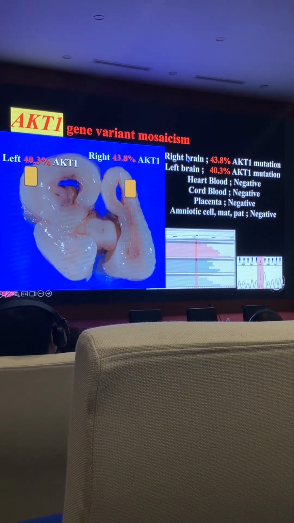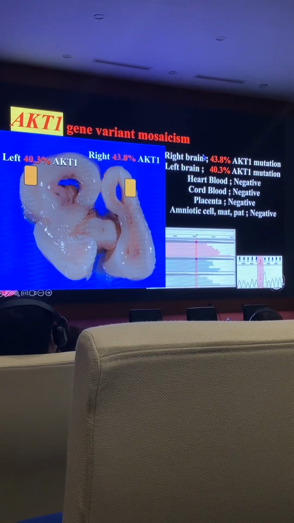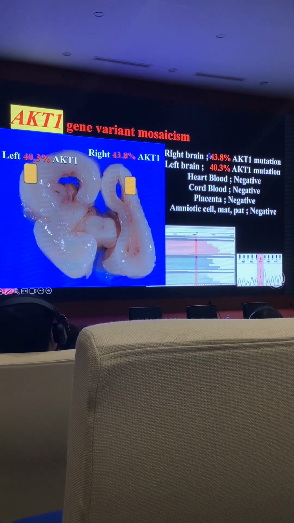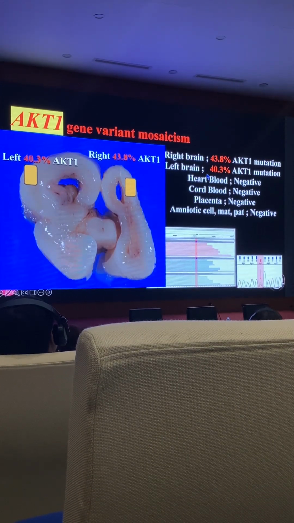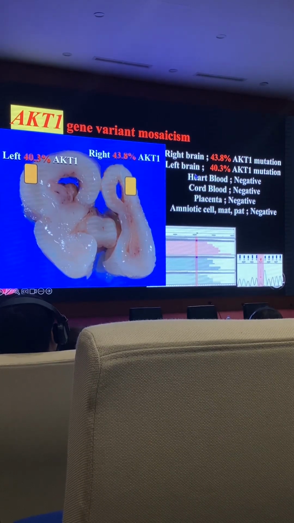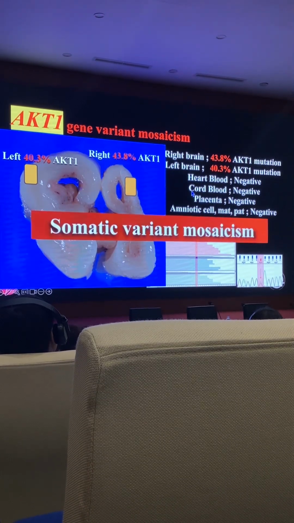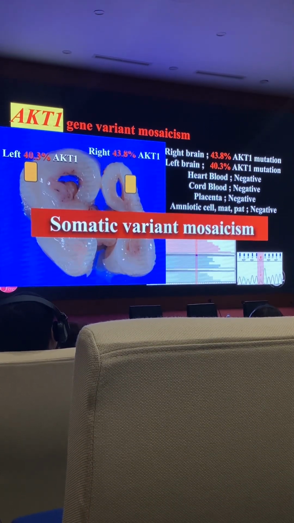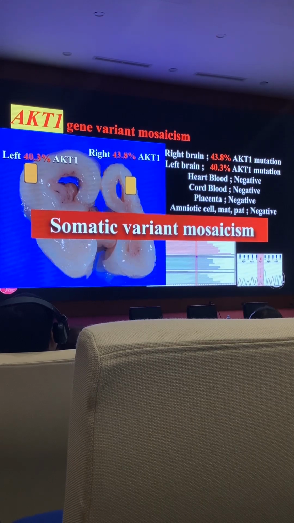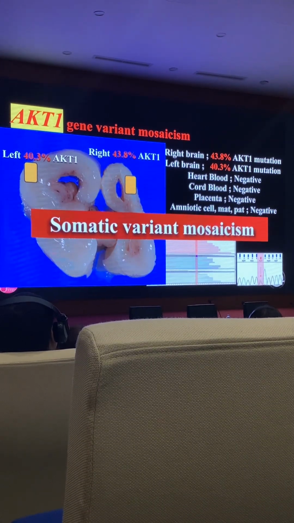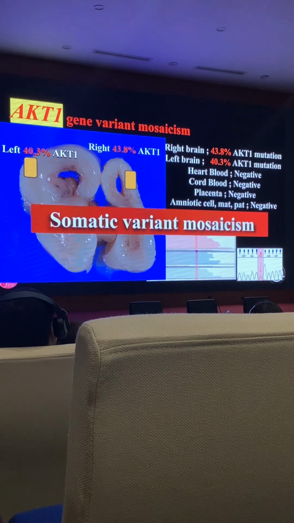However, the right brain had 43.8% of the AKT1 mutation. This is one of the mTOR pathway genes, and the left brain had 40% of the AKT1 mutation. So this is exactly the somatic variant mosaicism. So it exists. So maybe you have to think about that.